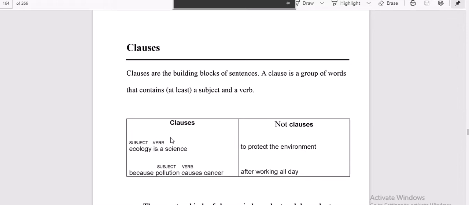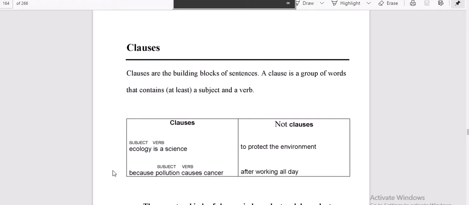First, let us see two types of clauses. The first type is called an independent clause, because in this type there is only a subject and a verb.